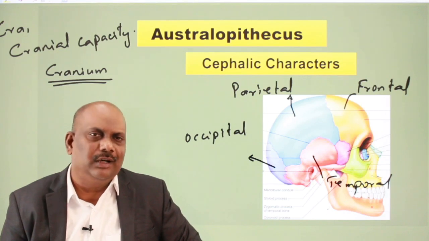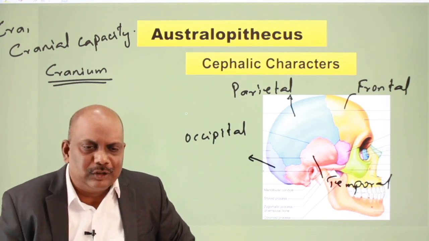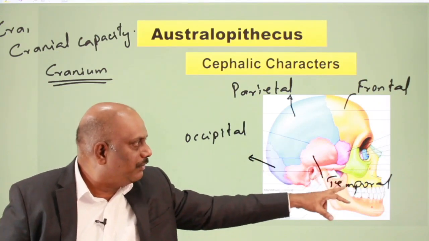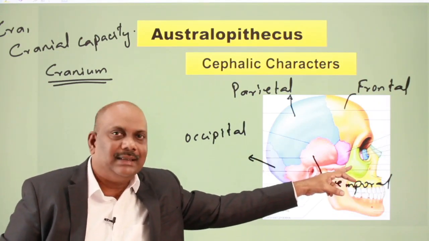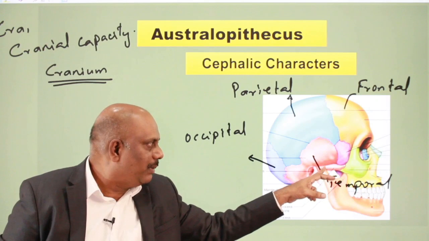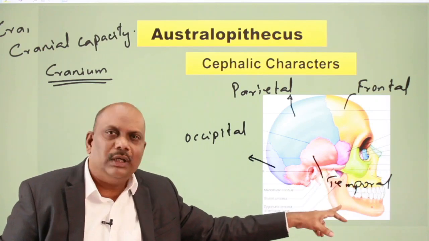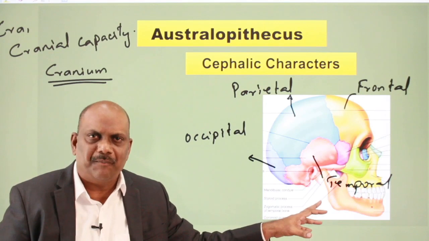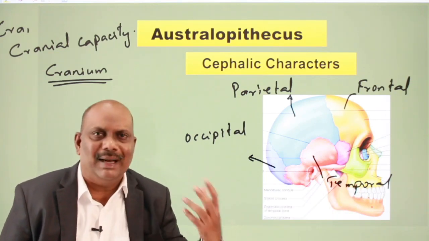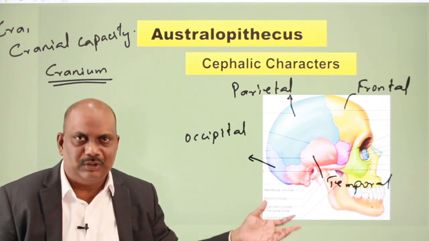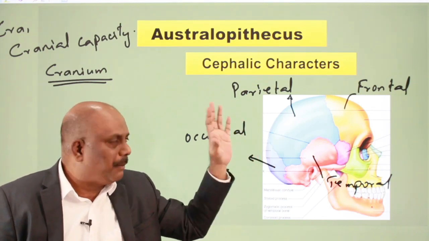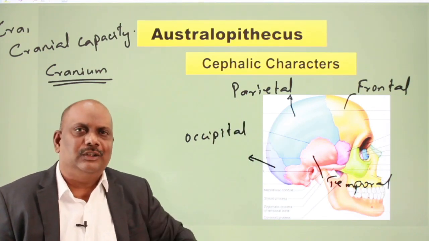So this is what the cranium is. And the other bones are facial bones. This is the zygomatic bone, this is the zygomatic arch, the lower jaw is technically called the mandible, I'll come back to that after some time, and the upper jaw is called the maxilla. These are facial bones. I hope you're comfortable with the frontal, parietal, and occipital.